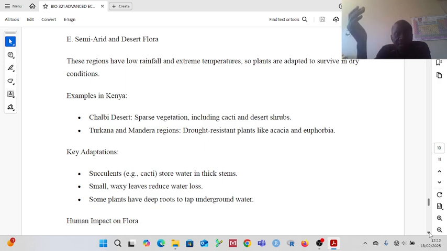Others will be having very small leaves, but which are waxy. Okay? So they are shiny. The leaf being small means a reduction in the surface area. Okay, being waxy means it helps in the reduction in the amount of water that can be lost.